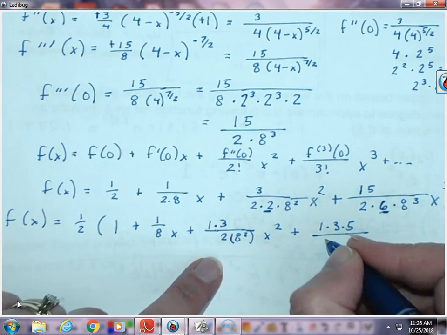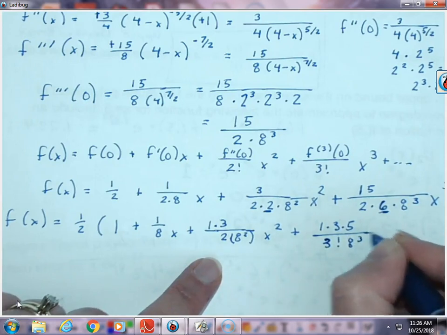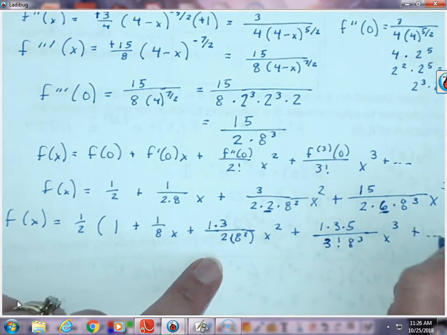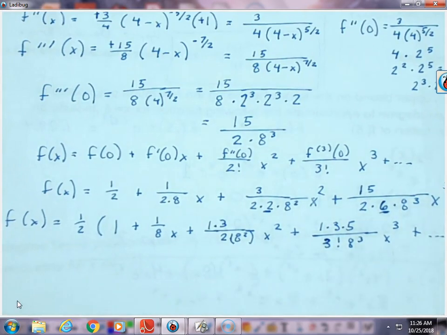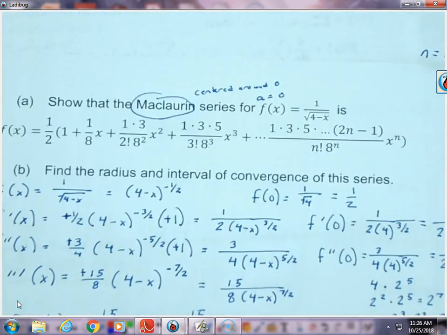Took out a 2, and I had the 6, which they wrote as 3 factorial, and the 8 cubed. Okay, now they said to show that that was the same as this, and I feel like I have.